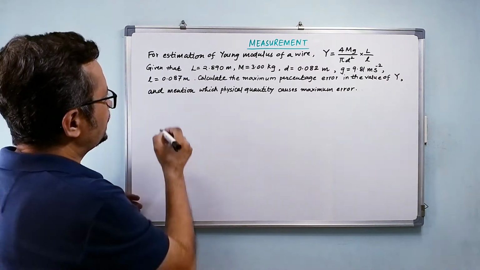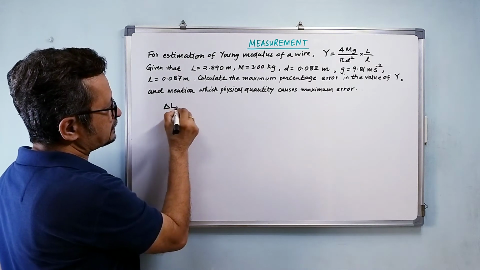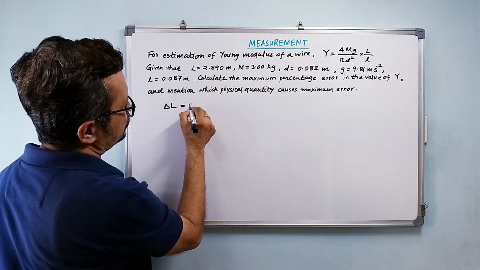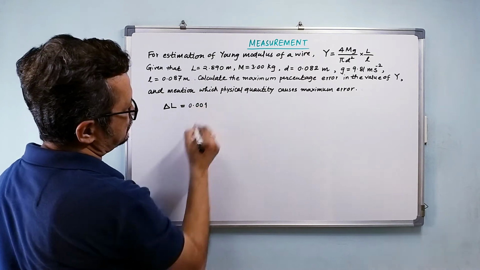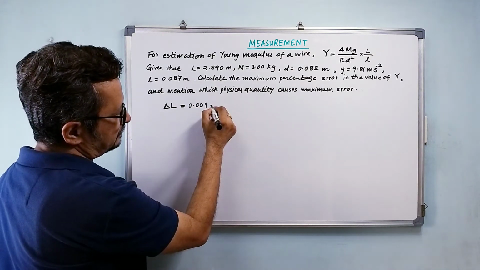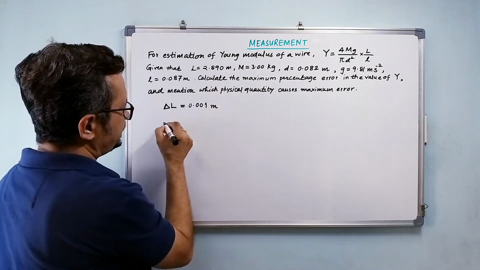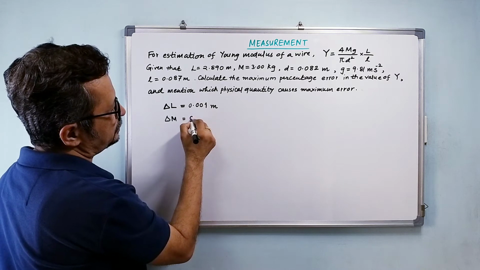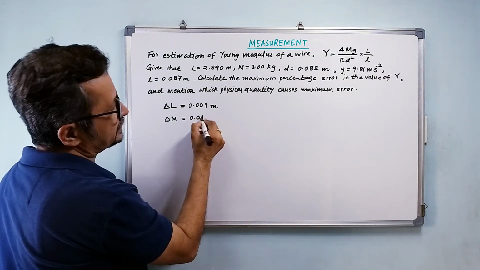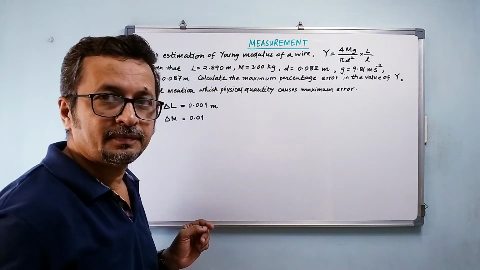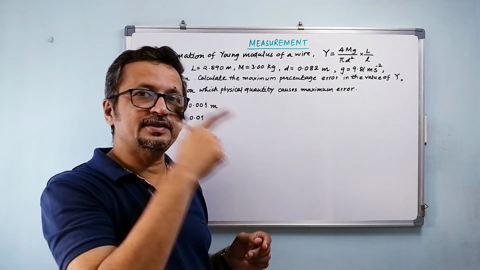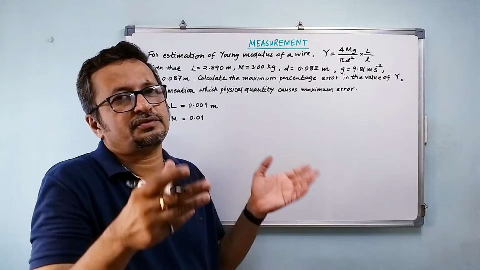So that means I have my delta L as, since this has 3 decimal places, 0.001 meter. My delta M is equal to 0.01, correct. I have 2 decimal places there, and that is where you would understand why I have written 3.00 and not 3 kg.